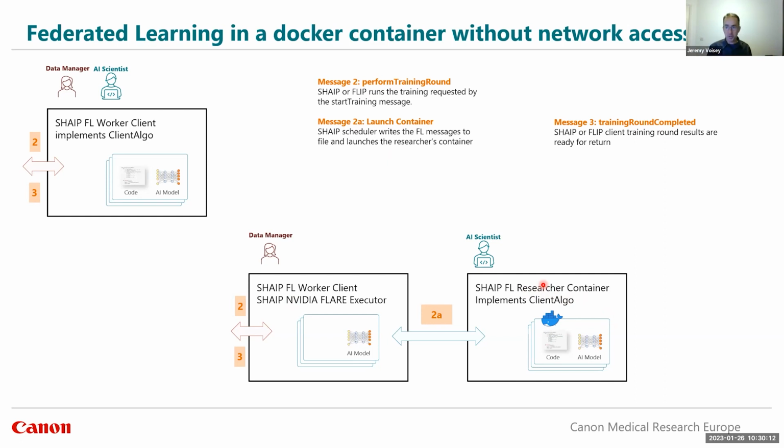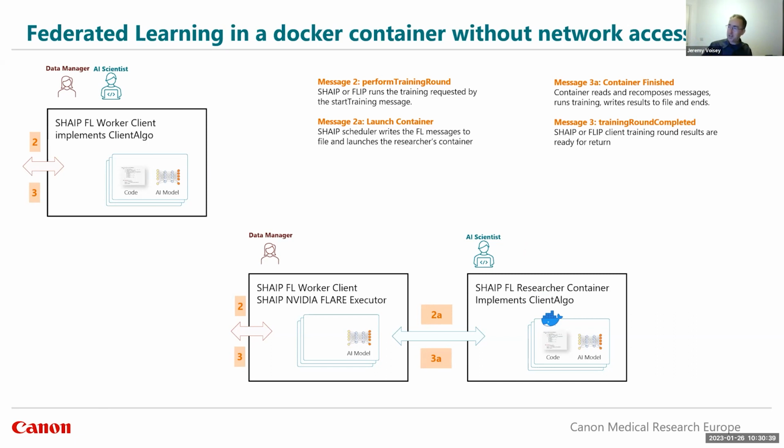In this case, we also use MONAI, the integration from MONAI. Thanks to Holger, who did a lot of work on that. So we use that to kick off a training round. When the container had finished its training, it then writes the results back to file in the standard format, and it finishes.